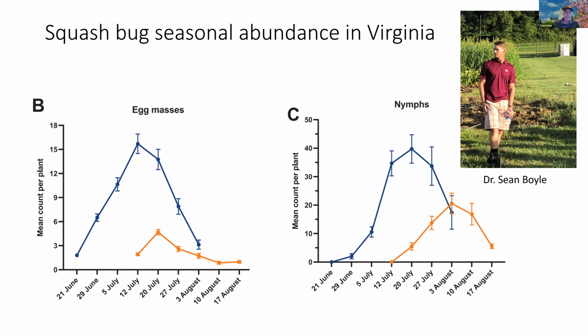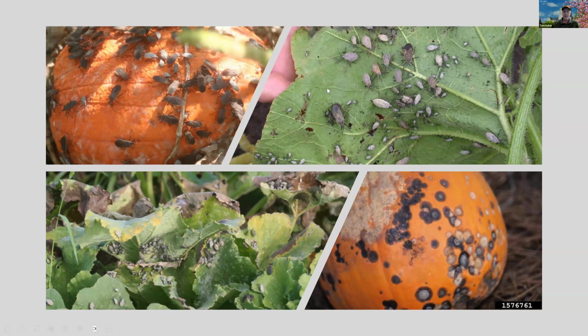And once the eggs are laid, about 10 days to 2 weeks later, you start to get the nymphs. And those will go into August and then they'll decline come fall at some point. So that's the life cycle. But what we see is that squash bugs just get worse and worse as summer progresses, and eventually there appear to be so many of them.